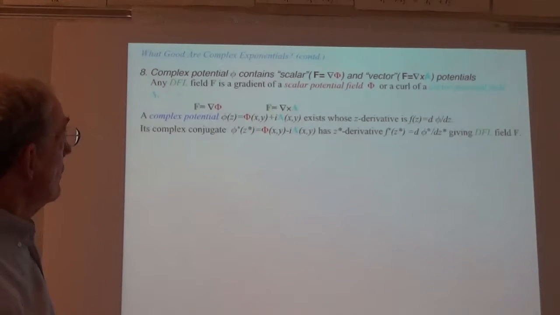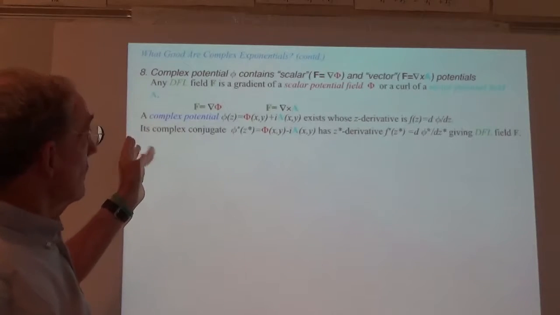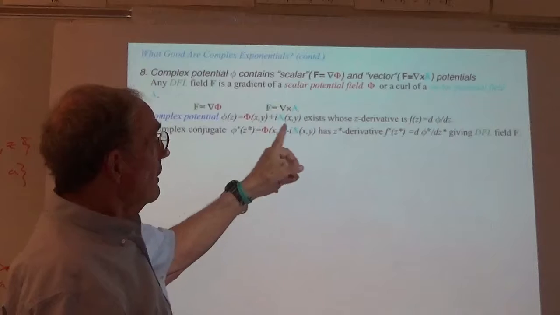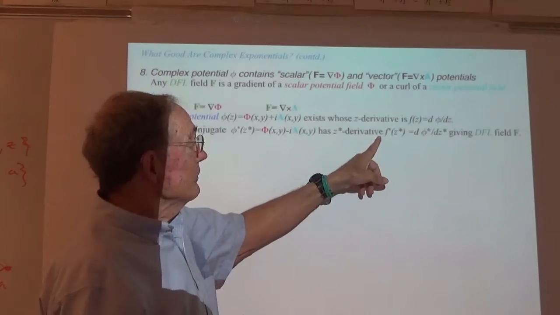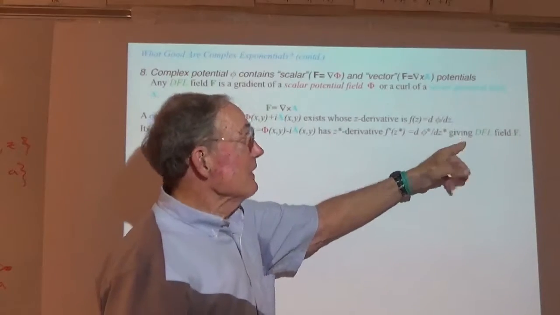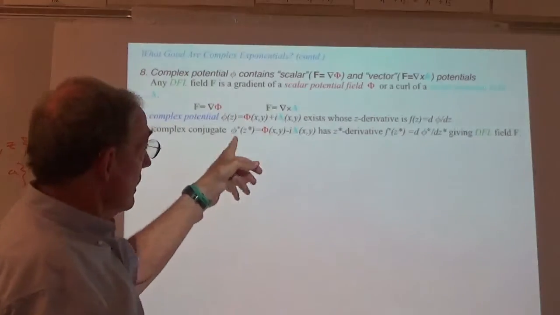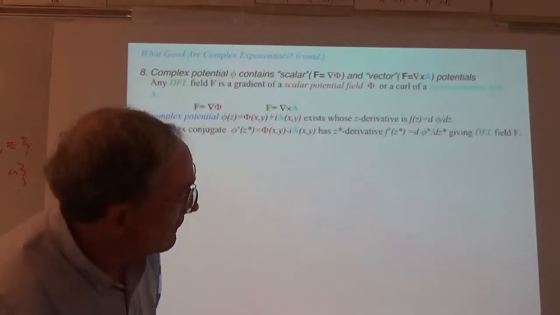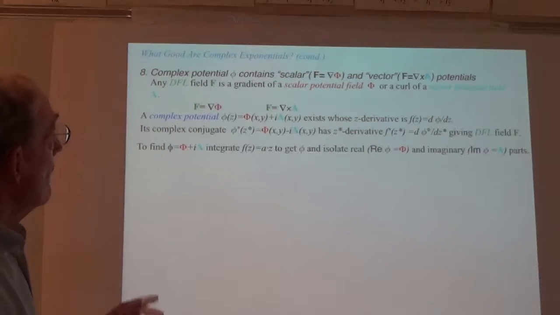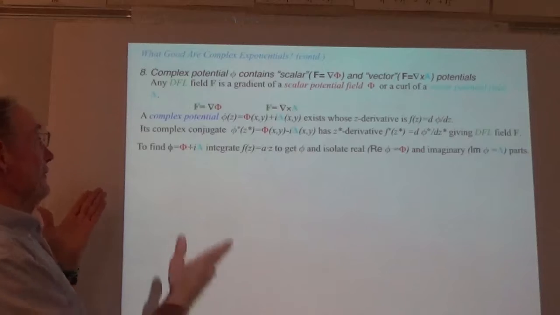So remember what the rule is, that we do a complex conjugate of this thing, and the z star derivative will be the one that gives us the field after it's applied to the potential, this complex potential. Okay, so how do you find the complex potential for this thing?